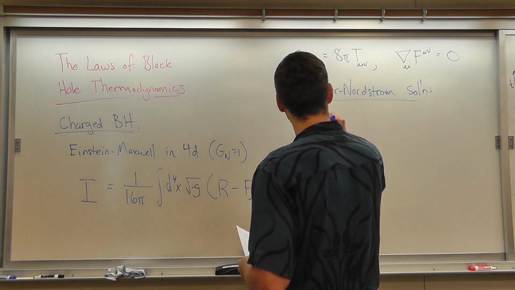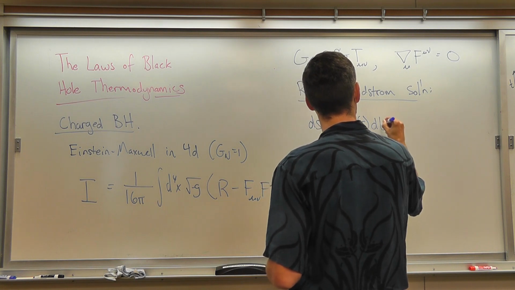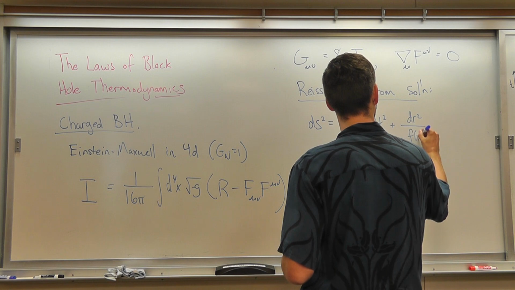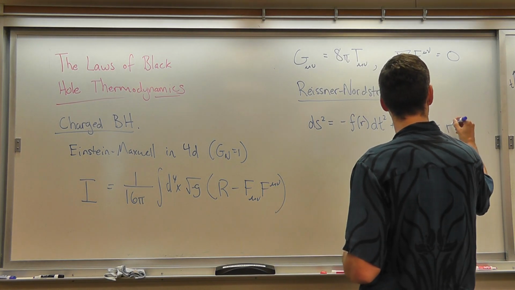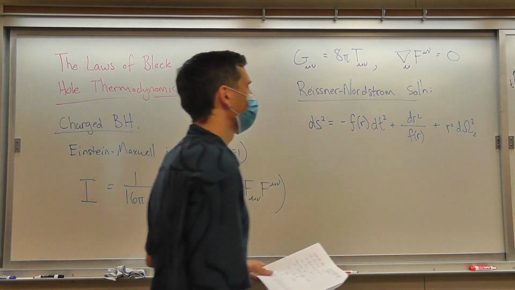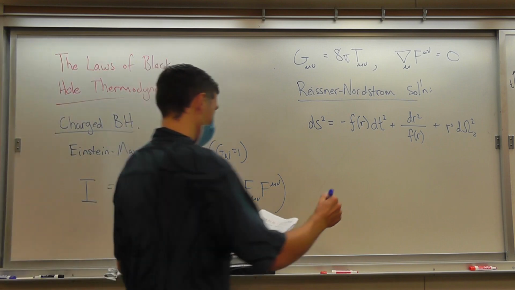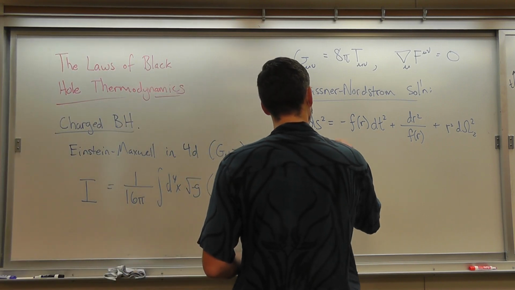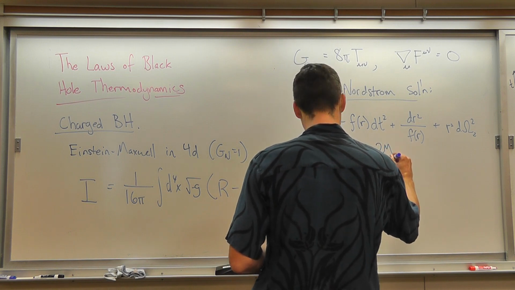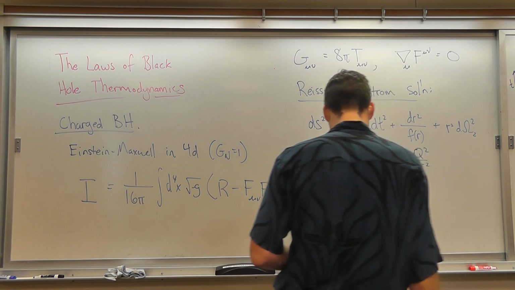The metric is ds² is minus f(r) dt² plus dr² over f(r) plus r² dΩ². f(r) is the function 1 minus 2m over r plus q² over r².